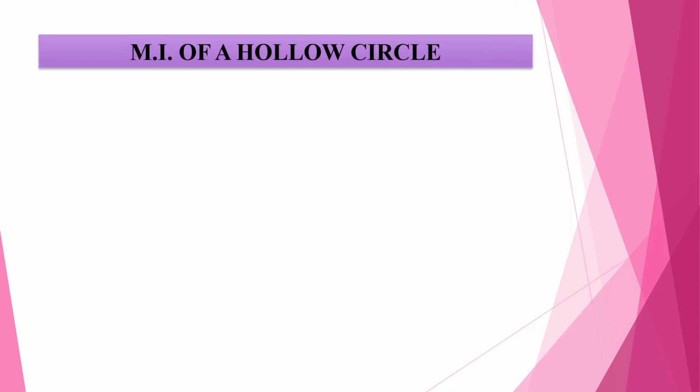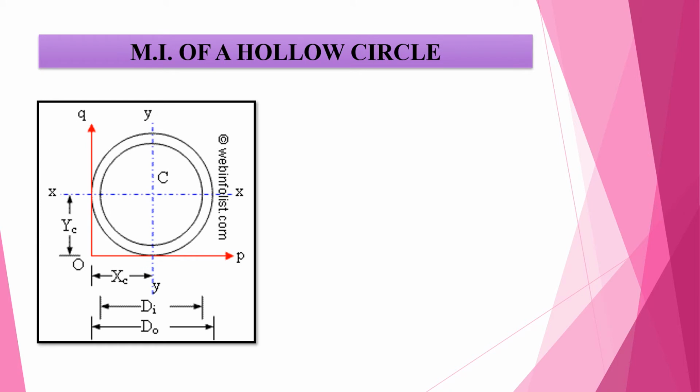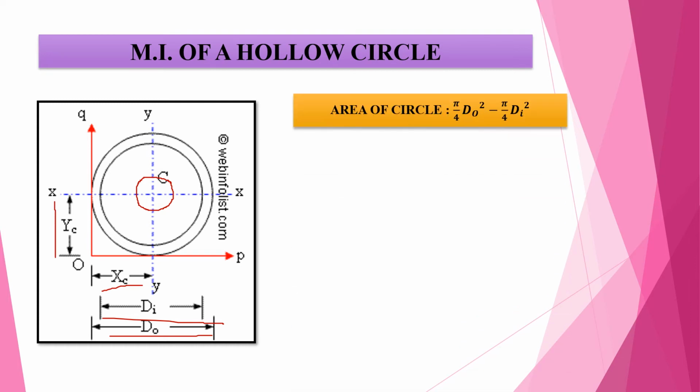Then the next standard shape is a hollow circle. This is a hollow circle having di as the inner diameter and d0 as the outer diameter. C is the center of gravity located at the intersection of the x-x axis and y-y axis, and xc and yc are the respective distances of the center of gravity from the axes. The area of a hollow circle is pi by 4 d0 square minus pi by 4 di square.